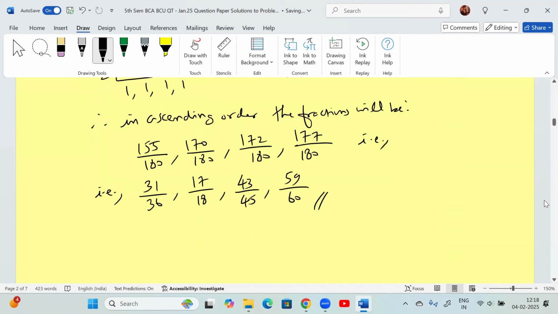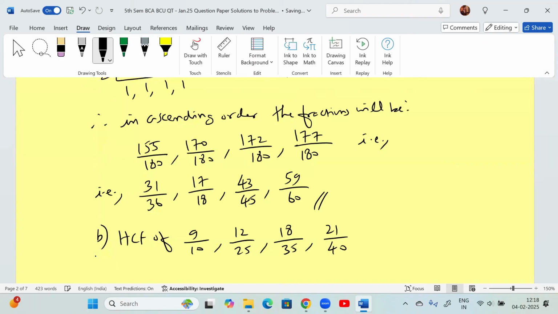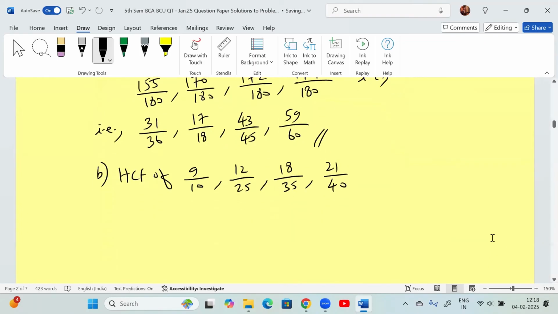Next, part B, we need to find the HCF of 9 by 10, 12 by 25, 18 by 35, 21 by 40. So for finding this, we need to factorize. So first we'll factorize 9. 9 is nothing but 3 square. And if I factorize 12, it is 2 6 or 2 3s are.